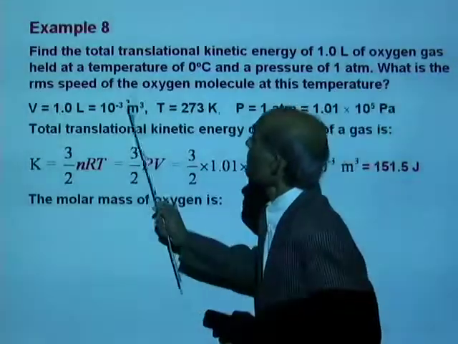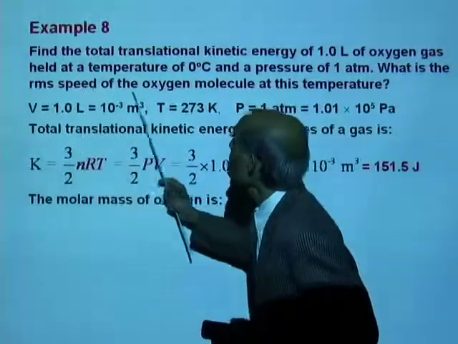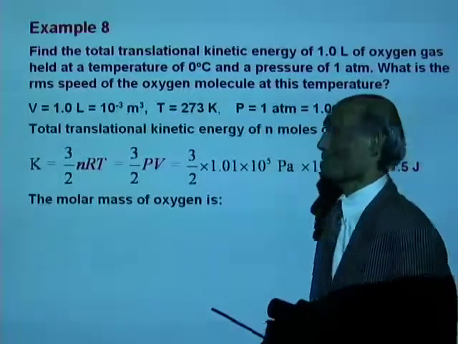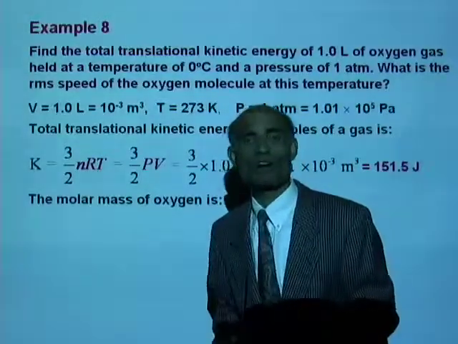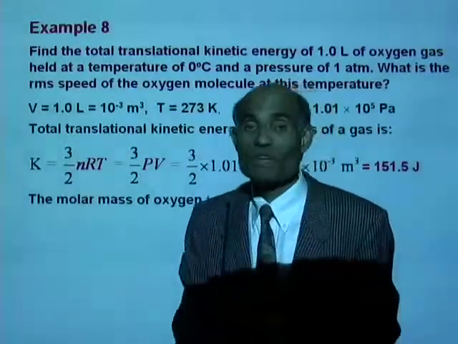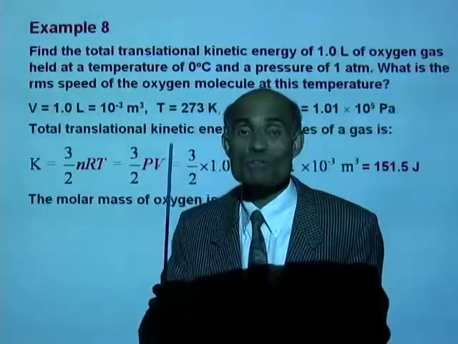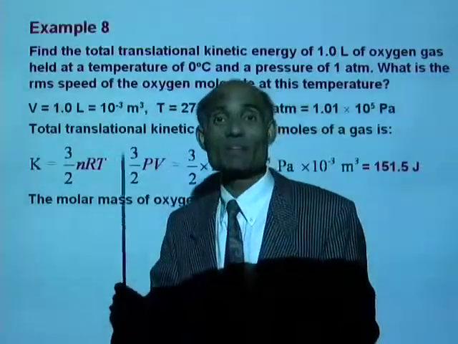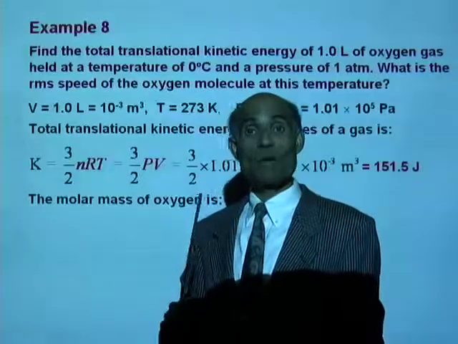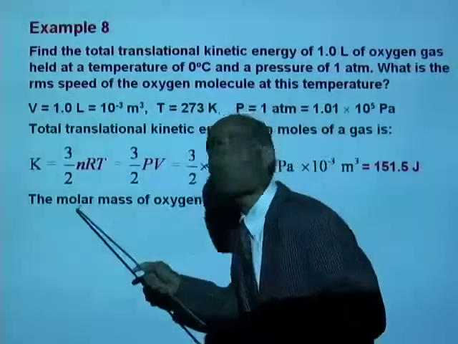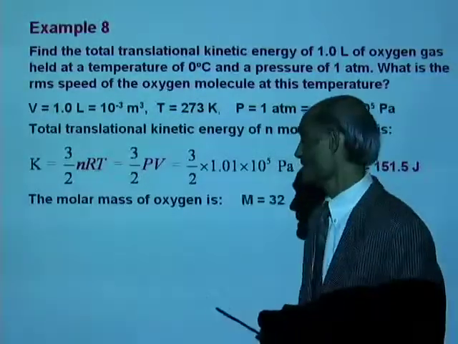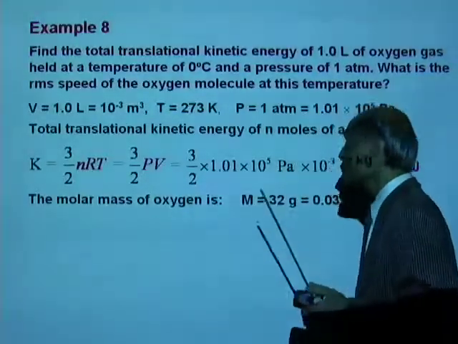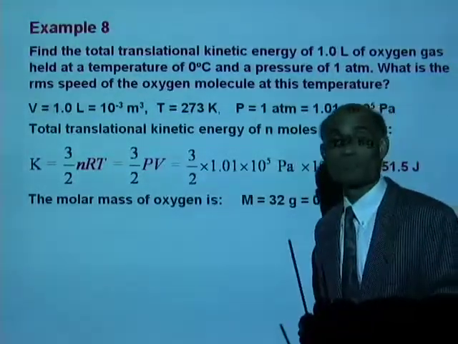Alright, we now need to find the RMS speed of the oxygen molecule. Now what's the equation for RMS speed of a molecule? V_RMS is the square root of 3RT over the molar mass. That means you need the molar mass. What is the molar mass of oxygen? The molar mass of oxygen is 32 grams.